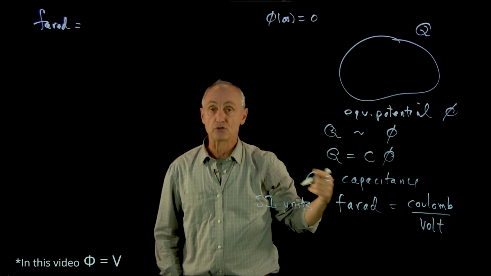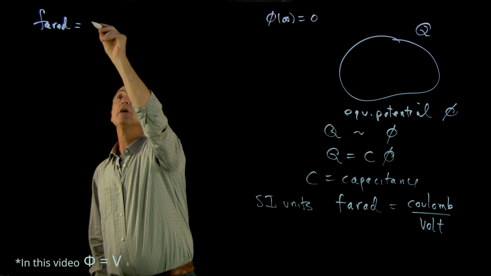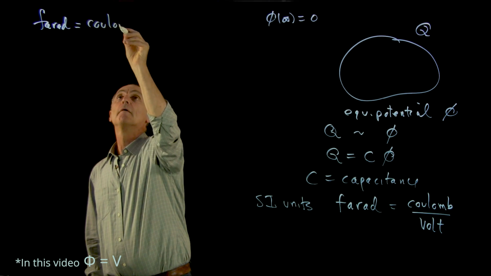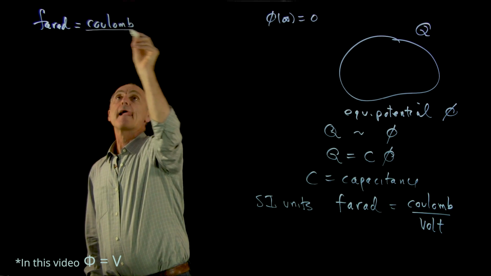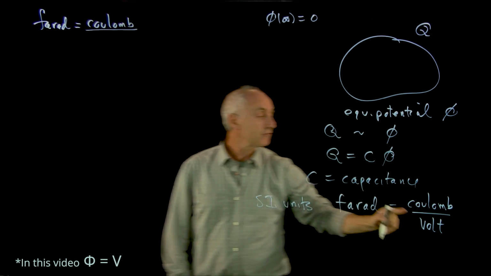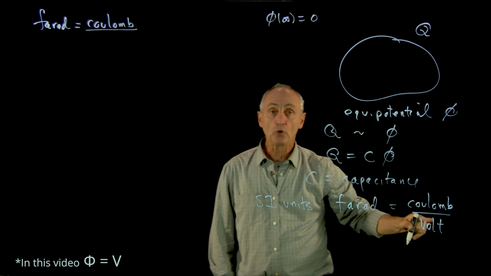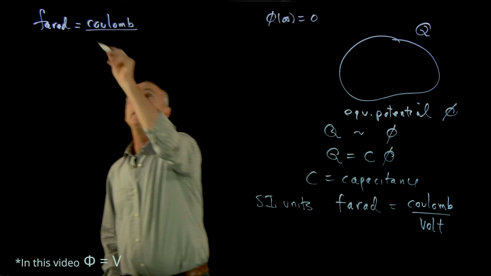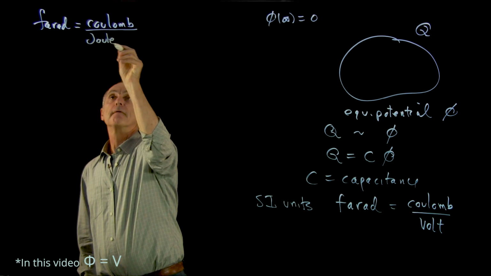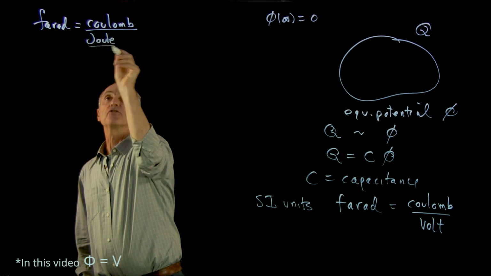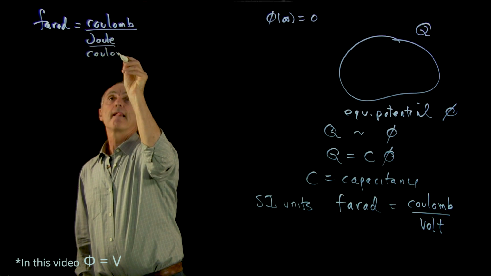Remember our definition of potential difference. So what we have here is a coulomb, and a volt, remember, is joules per coulomb. I'll just look at it like that.